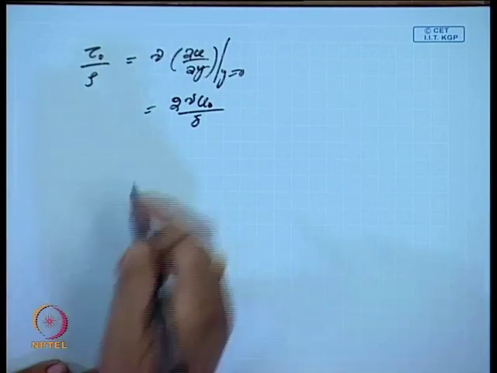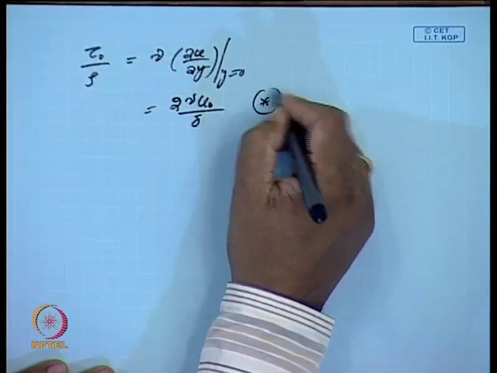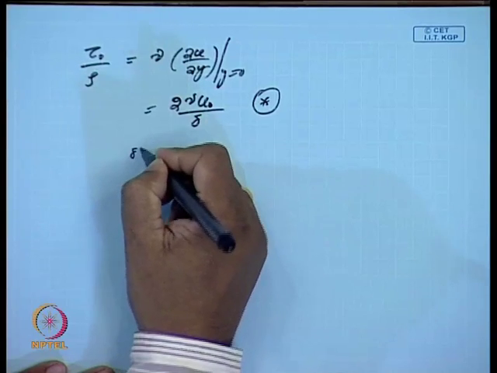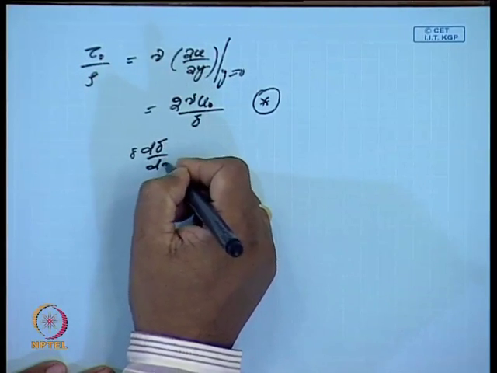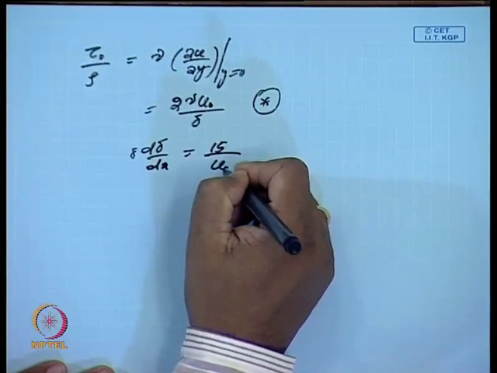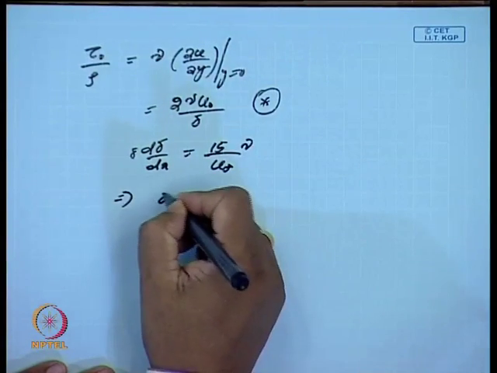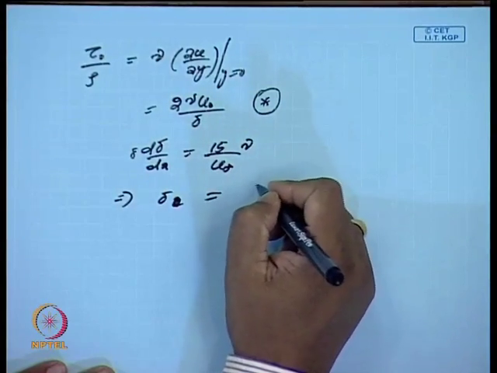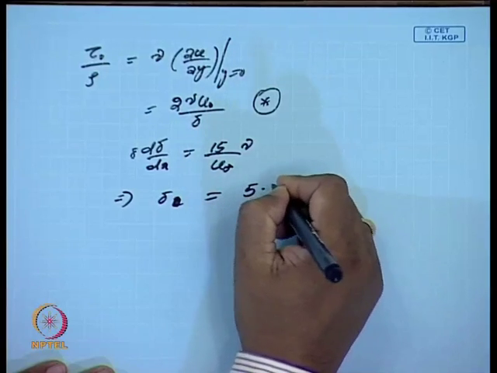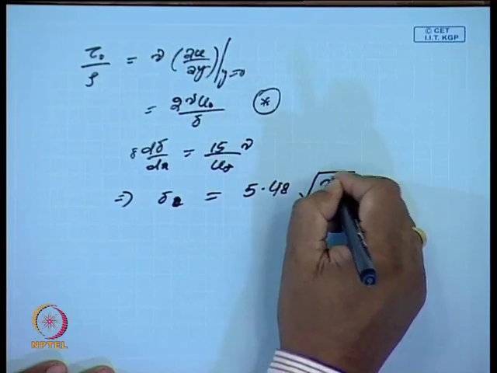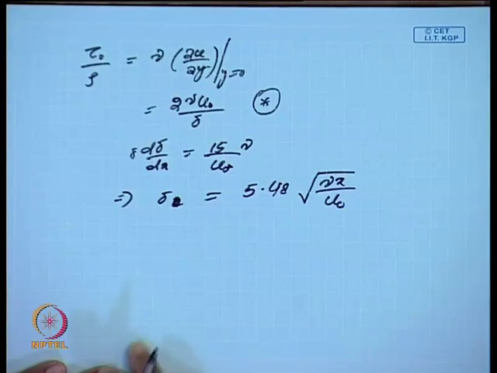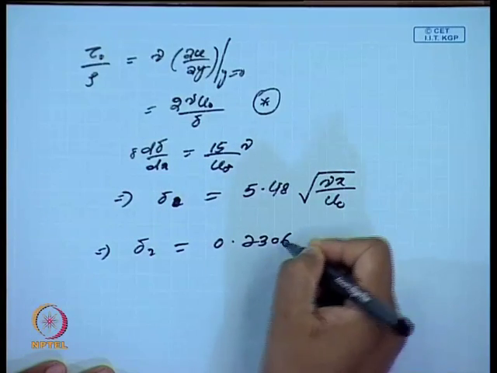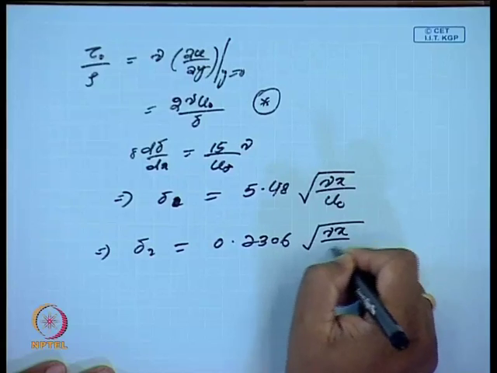Then if I substitute delta 2 and tau naught by rho in the momentum equation, I will get delta d delta by dx is 15 by u infinity into nu, which gives me delta as 5.48 root of nu x by u naught, and which implies delta 2 is 0.7306 into root of nu x by u naught.